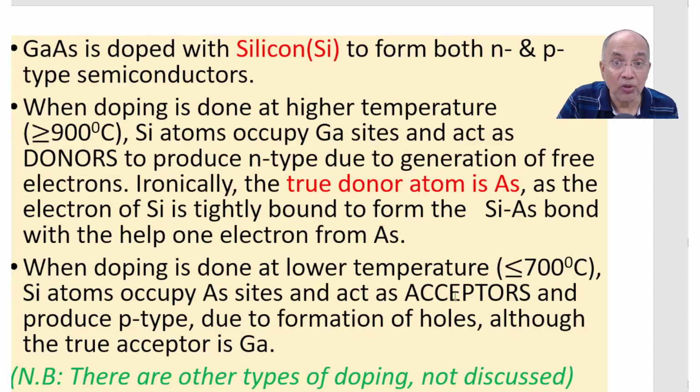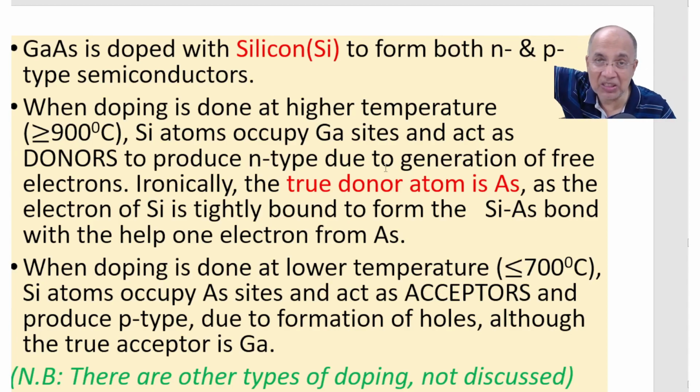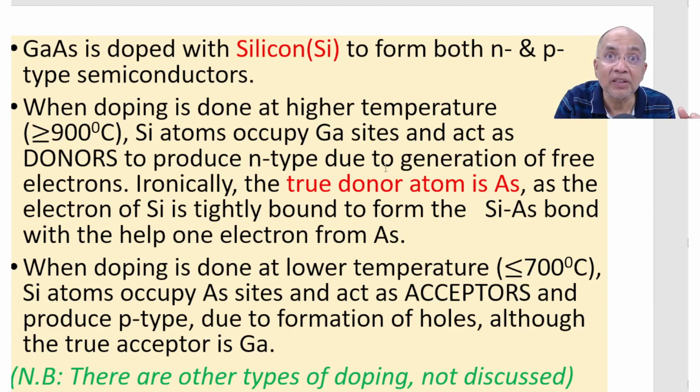Now what happens when you dope a little bit of silicon at a higher temperature, greater than 900 degrees Celsius? These doped silicon atoms displace some gallium atoms, group 13 gallium atoms, and take their places. Who takes whose place? Silicon takes the place of gallium.